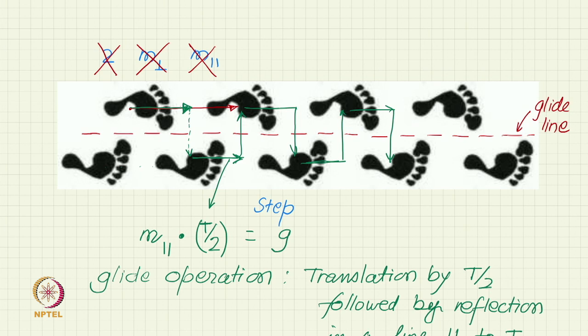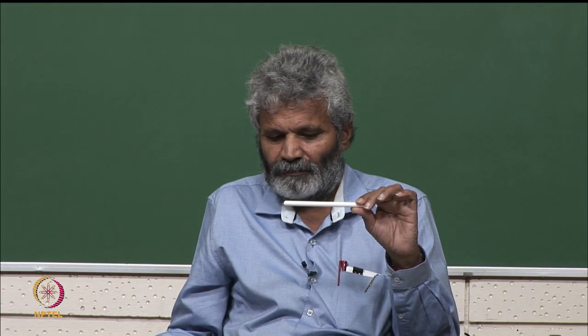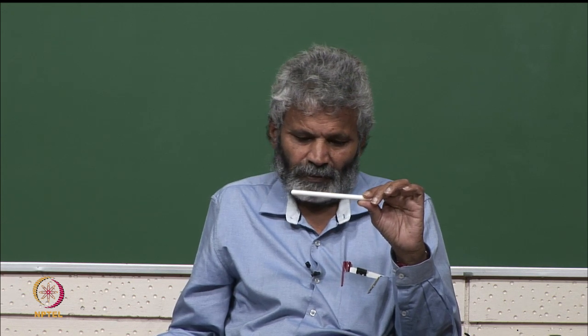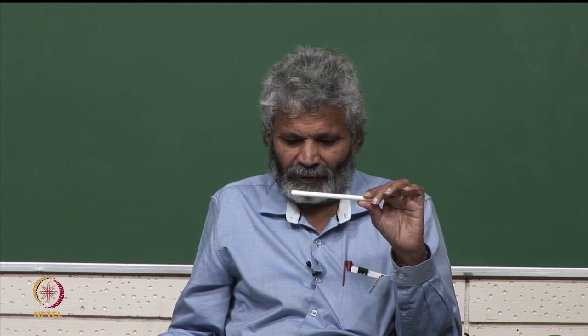Can we combine our newly found glide line with one of these old ones to generate a new symmetry? Can I combine a glide line with a mirror parallel to the line? What will happen if I combine a glide line with a mirror parallel to the line?